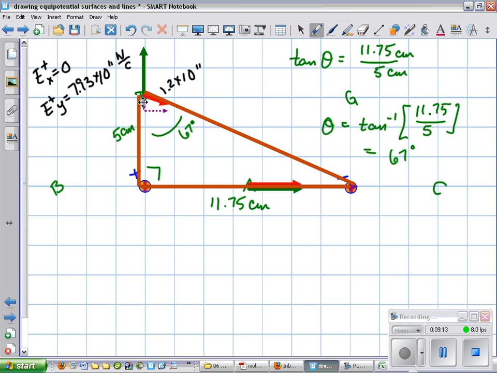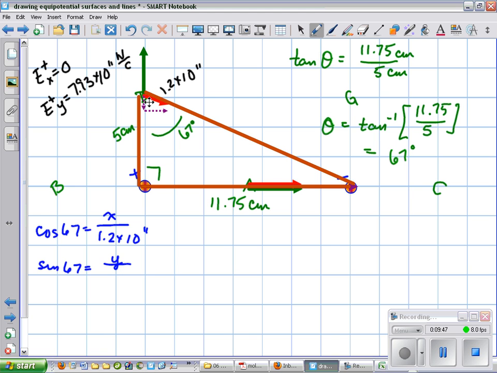So to find the y component, this is adjacent to the angle, so I'm going to use the cosine. So cosine 67 is adjacent, which is y, that's what I don't know, over the hypotenuse, which is the magnitude of the electric field from the negative charge at point B. And I can do the same thing with sine, and that will give me x.